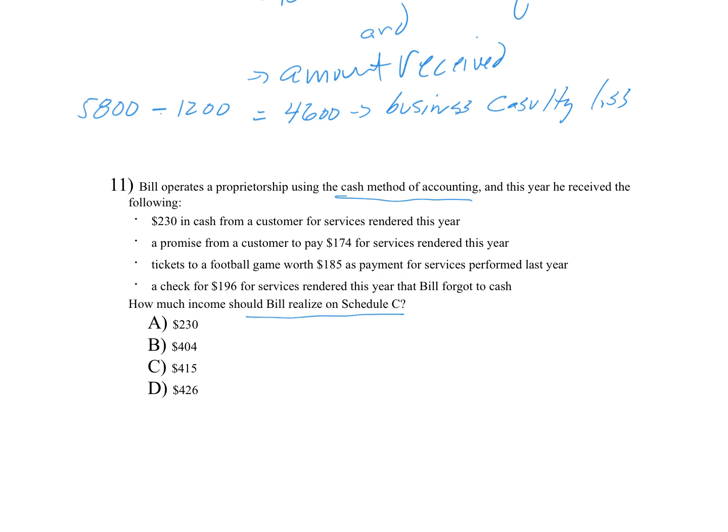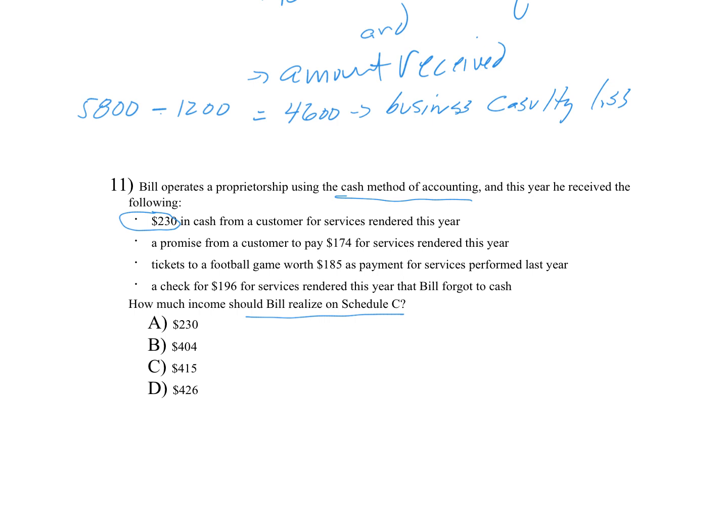Okay. So what does he get? He gets $230 in cash from a customer for services rendered this year. Okay. So $230 in cash, right, for services rendered this year. So yes, that is income that he should realize this year.